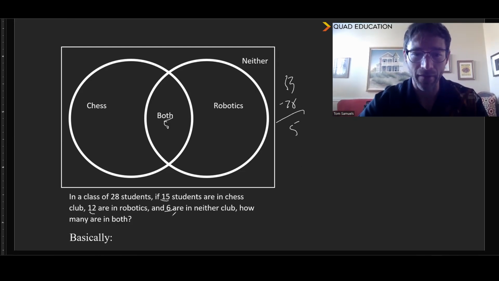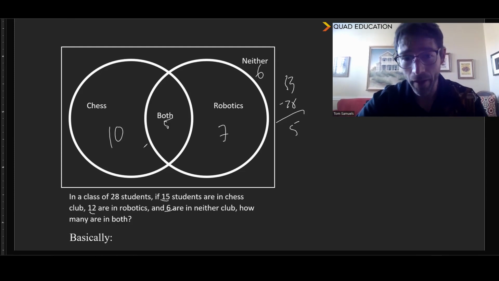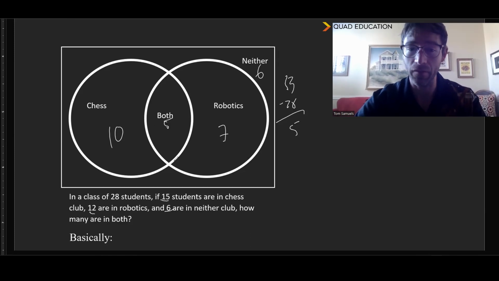That means that since there are 5 students in both, there are only 10 students that are only in the chess club and 7 students that are only in the robotics club, and 6 students that are neither. So if we now do 10 plus 5 plus 7, that's 22, plus 6 is 28. Now this distribution of students matches up with our class size of 28.